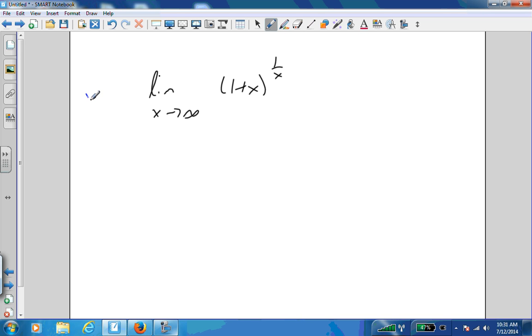So let's call this y. A technique that we've used in the past to get a variable out of the exponent was to take the natural log of both sides. So let's take the natural log of both sides.